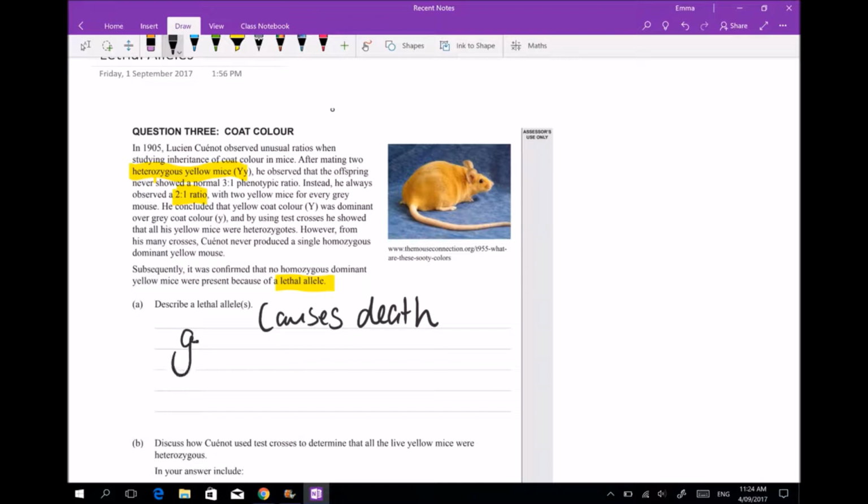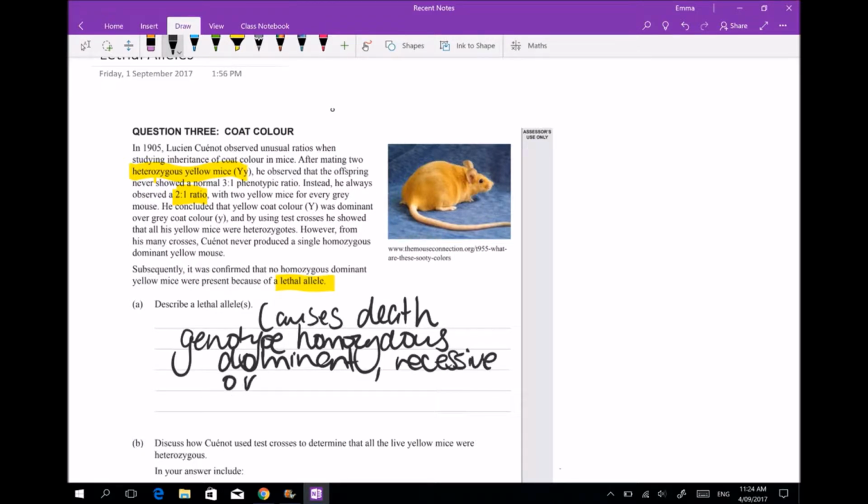And the genotype could be homozygous dominant, homozygous recessive, or it could be heterozygous. Okay, so it is whatever genotype is lethal.